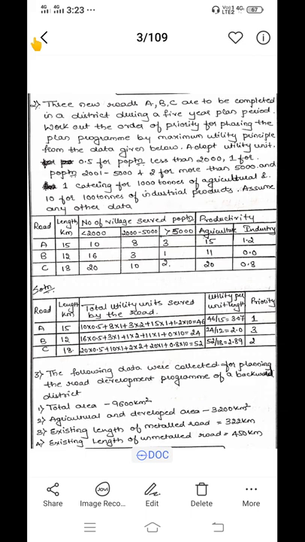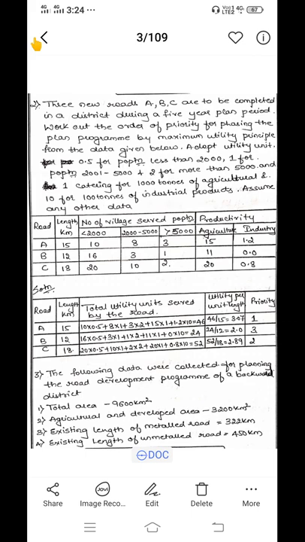And the number of villages whose population is above 5000 are, for A 3 villages, for B 1, for C 2. And there is productivity, agricultural as well as industrial, in terms of tons. Agricultural numbers are 15 for A, 11 for B and 20 for C. Similarly, industrial is 1.2, 0 and 0.8.